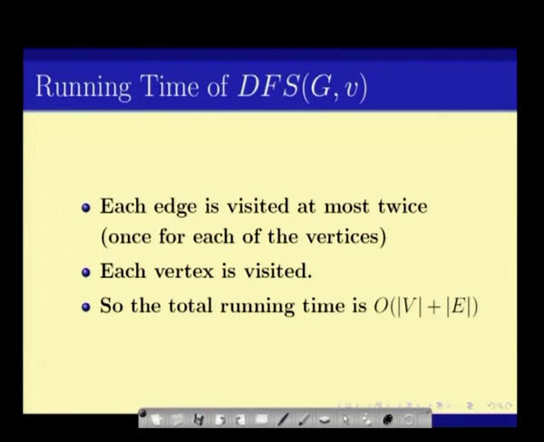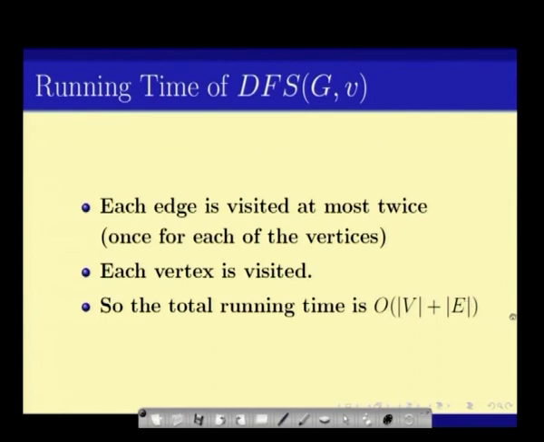Later on we will be looking from e to d, which we will again look at only once. So for every edge we will look at most twice. Each vertex is visited at least once. So the total runtime is order V plus E.